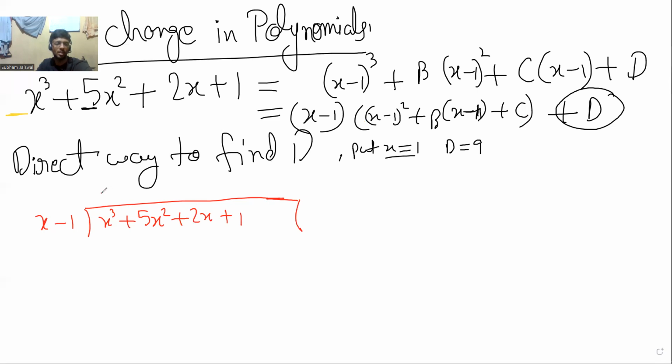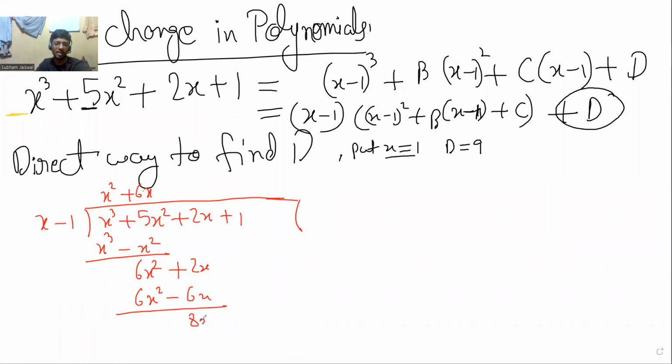How do you find the quotient? You take x square, you get x cube minus x square. You subtract, you get 6x square. And then you get 2x. Is everybody doing this? So 6x square minus 6x, again you subtract.